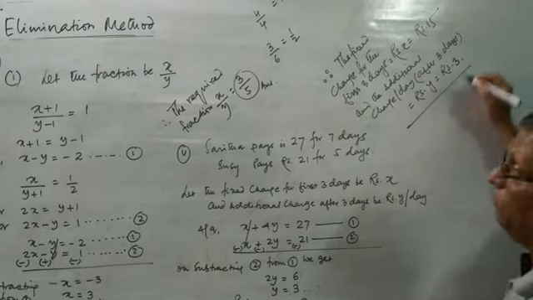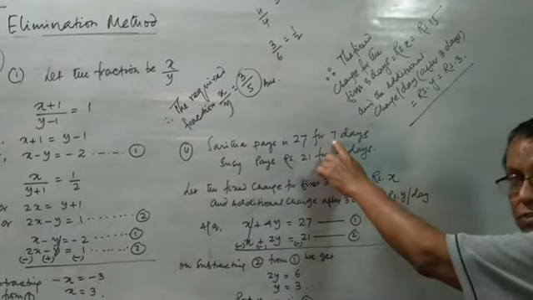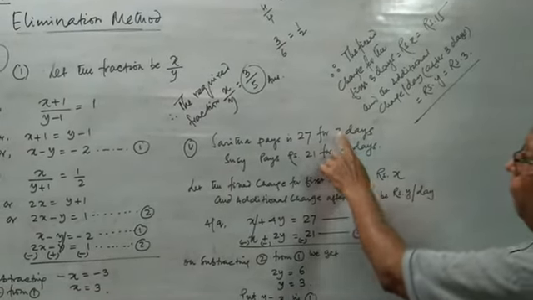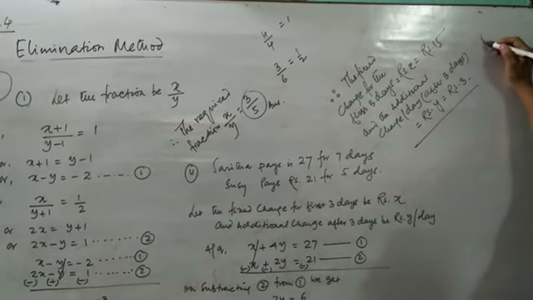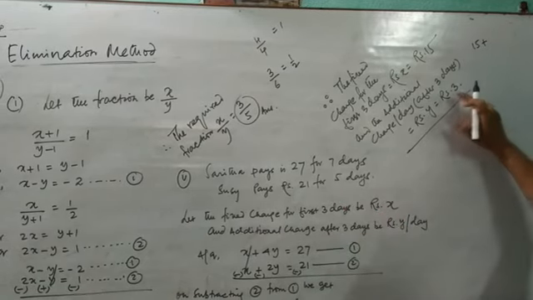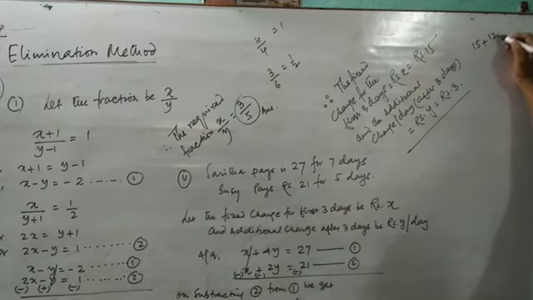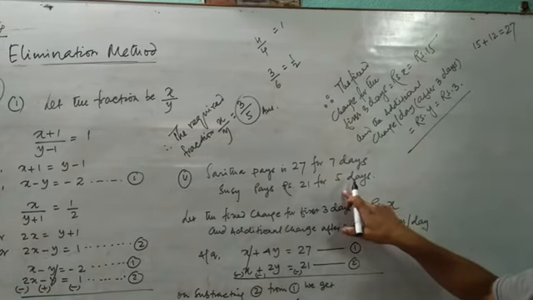Once again we can verify the thing. Sarita has taken the book for 7 days. For 3 days she has to pay 15 rupees, and for the remaining 4 days she has to pay 12 rupees. 15 plus 12, that we will get 27. See about Susie? Susie has taken the book for 5 days.